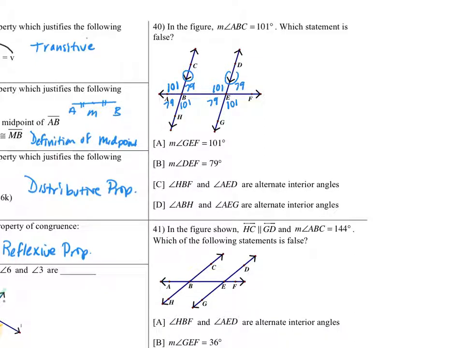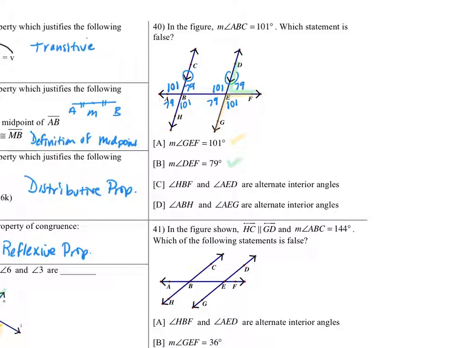Alright, so the first one says the measure of angle GEF is equal to 101. So I'm just going to highlight that GEF is this yellow angle, and that's true, it is 101. For B, it says the measure of angle DEF is 79 degrees, and that's true. Here's angle DEF, and it's equal to 79.